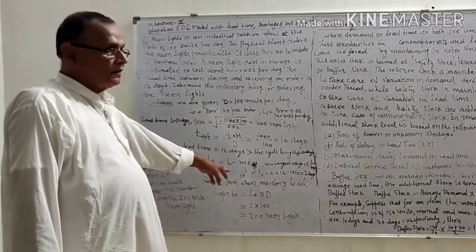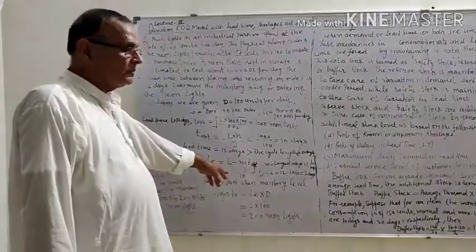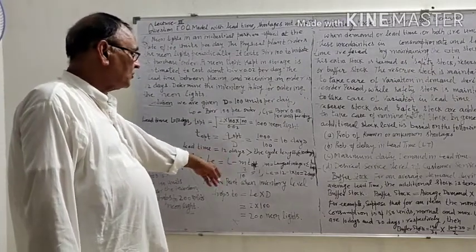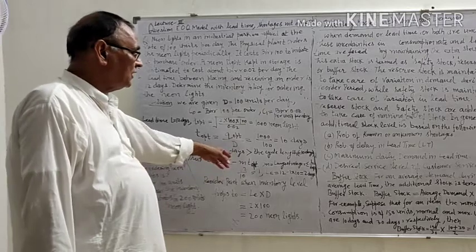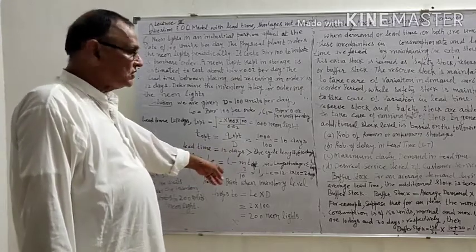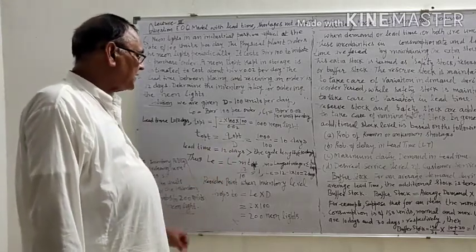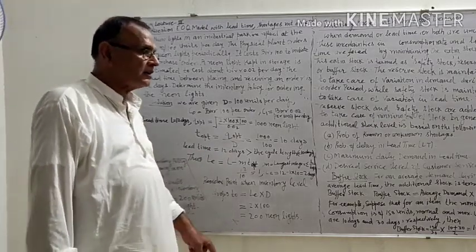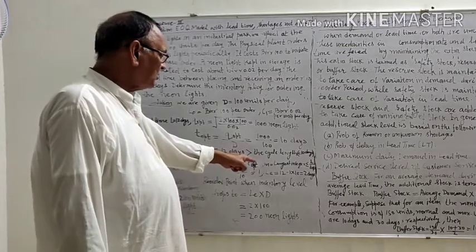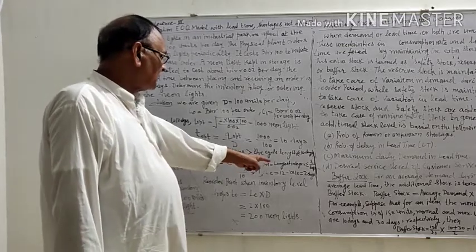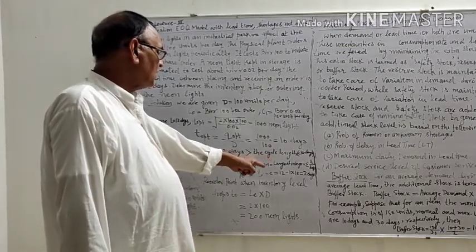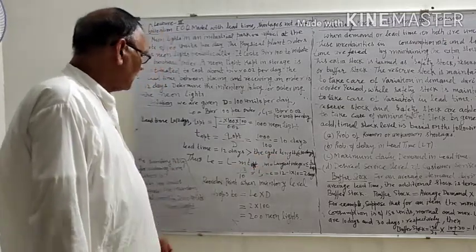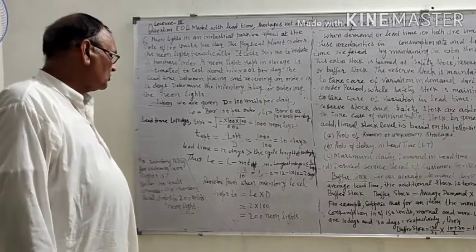L is 12 days and T optimum is 10 days, so L by T optimum is 1.2, but we have to use only the largest integer up to this, which is 1. So the effective lead time is equal to 12 minus N into T, where N is 1, and this is equal to 2 days. The effective lead time is 2 days.